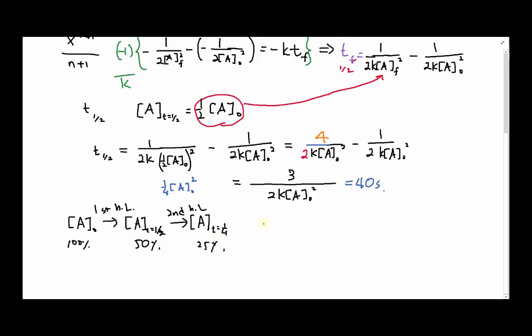When we want to find the second half-life, remember from our first equation, the first half-life, that was the original, right? Here, our original now becomes, instead of the real original, this becomes our original, and this becomes our final. Or instead of saying original, maybe I should have said initial.